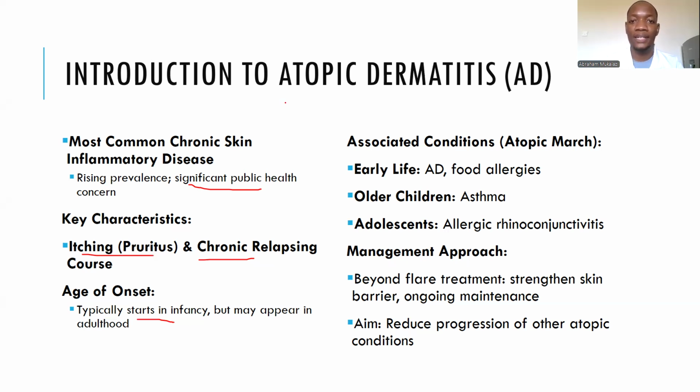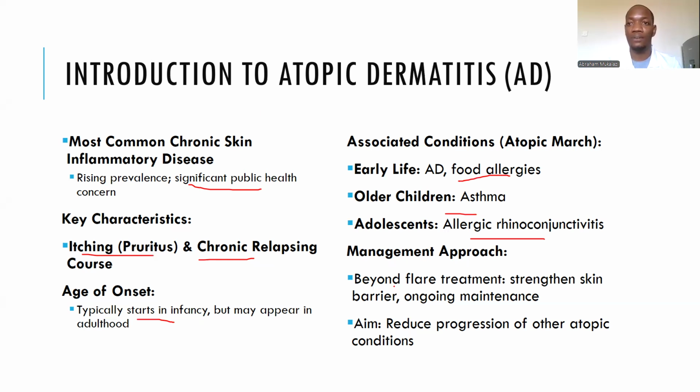So atopic dermatitis is also associated with other conditions, which we call the atopic march. Early in life, the infants or the children will have other coexisting conditions that also show sensitivity. That can include food allergies, asthma, allergic rhinoconjunctivitis, and the rest.